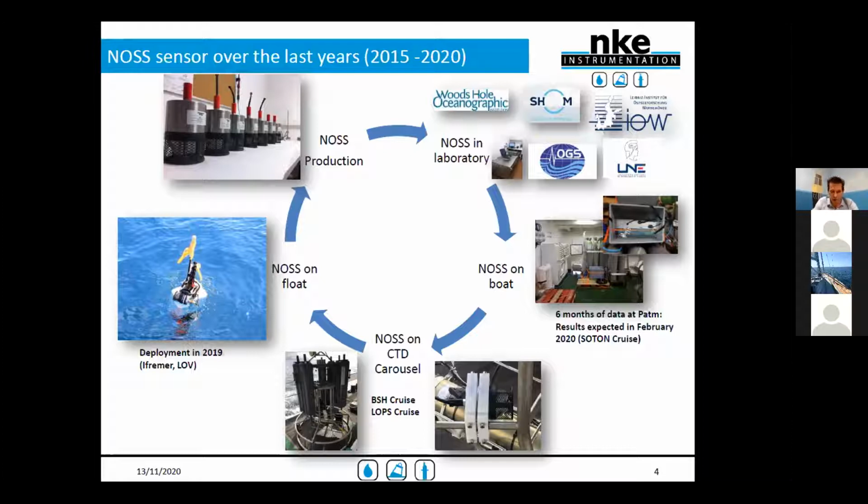We evaluated the NOSE sensor at atmospheric pressure, and some results have been expected in the Thornton cruise. This campaign lasted 6 months, and after that we qualified the NOSE sensor on a CTD carousel during different cruises, PSH and LOPS, and we deployed the sensor on profiling floats in 2009.